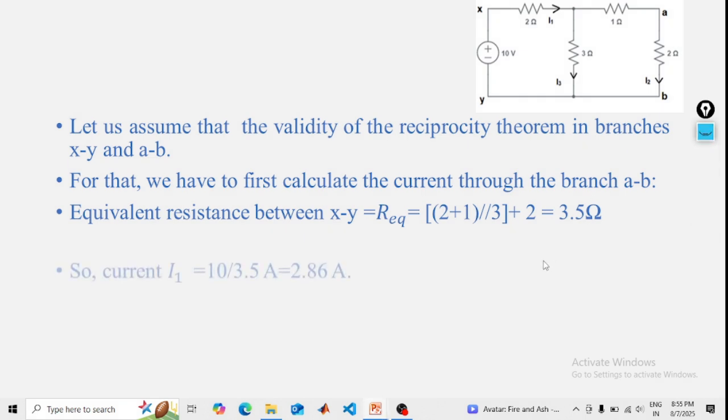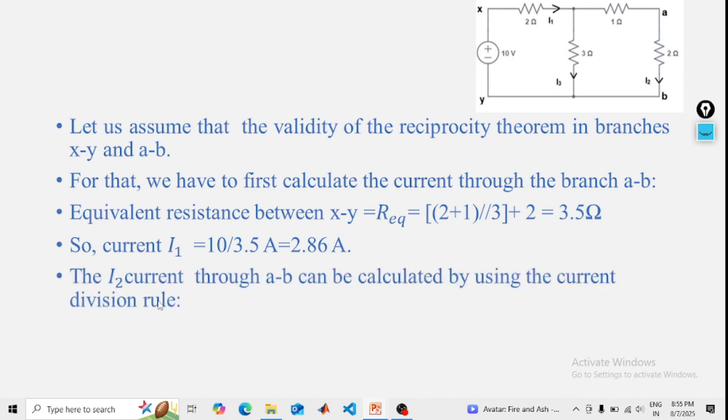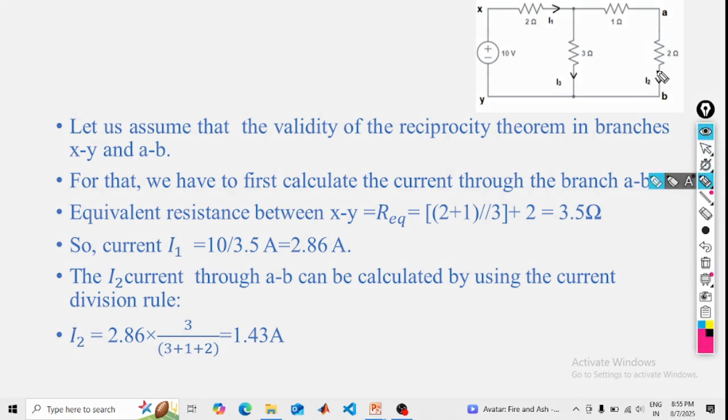Then I1 will be total voltage 10 divided by resistance 3.5, so it is 2.86 ampere. Here I1 is 2.86 ampere, but we have to calculate I2. The current I2 through AB can be calculated using the current division rule. What is the formula?